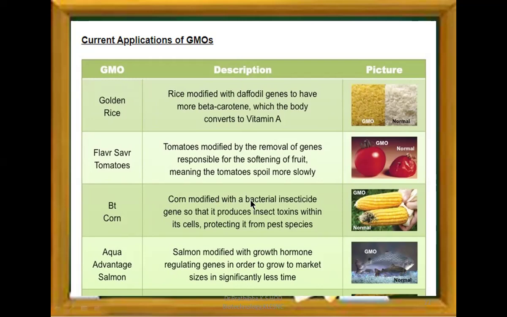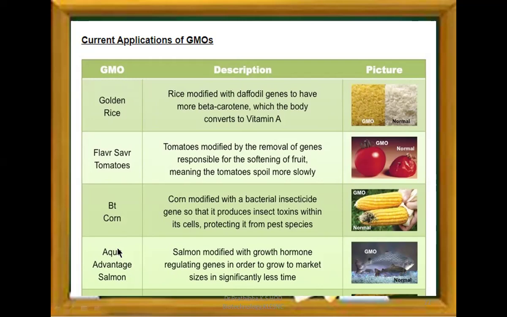Corn modified with the bacterial insecticide gene so that it produces insect toxins within its cells, protecting it from pest species. This is obtained by using genetically modified organisms. As you can see, this is the normal one, which gets easily infected, whereas the genetically modified one has the resistance.